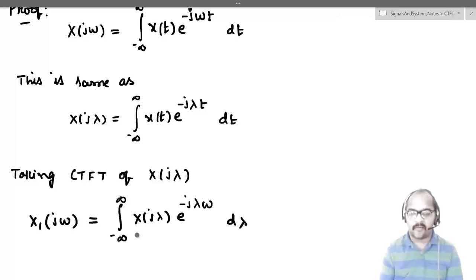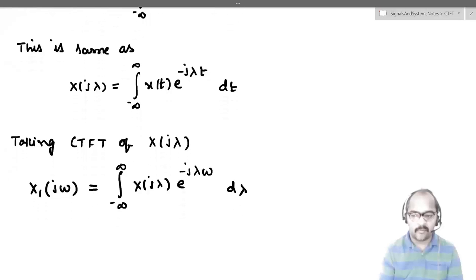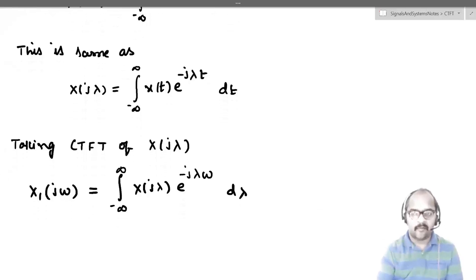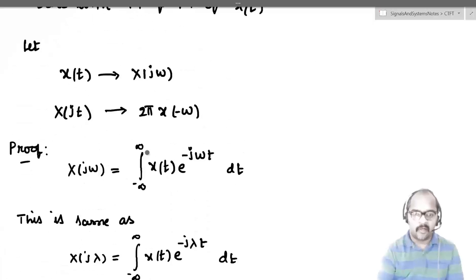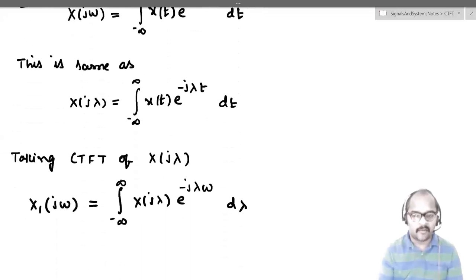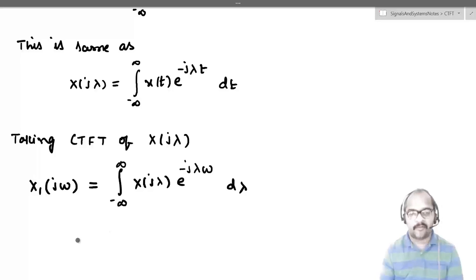Why? Because we are taking the Fourier transform of X of j lambda. Note what we have done: we took the Fourier transform of x of t, and then we are finding the Fourier transform of X of j lambda, which is the Fourier transform of x of t. Means we are taking the Fourier transform of x of t twice.